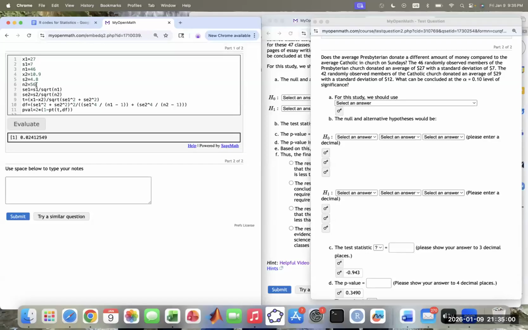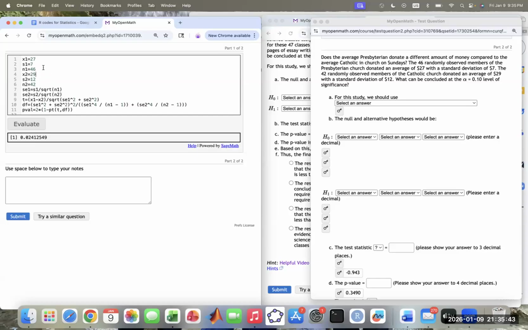And then for sample 2, this one would be 42, S2 would be 12, and this one would be 29. Let me check it, make sure I have it correct. So it'll be 27, 7, and then 46. And this one would be 29, 12, and then 42.